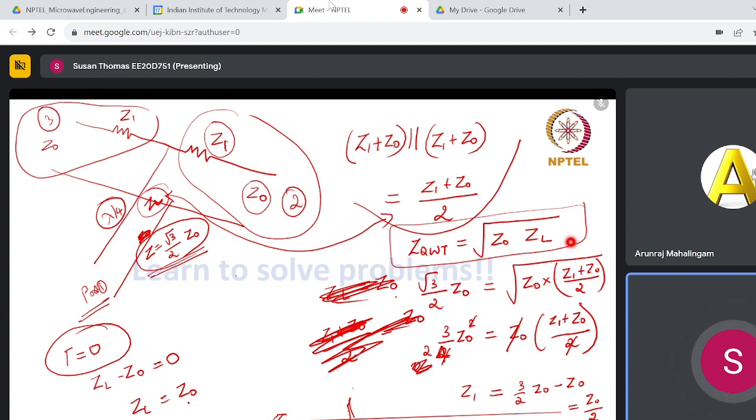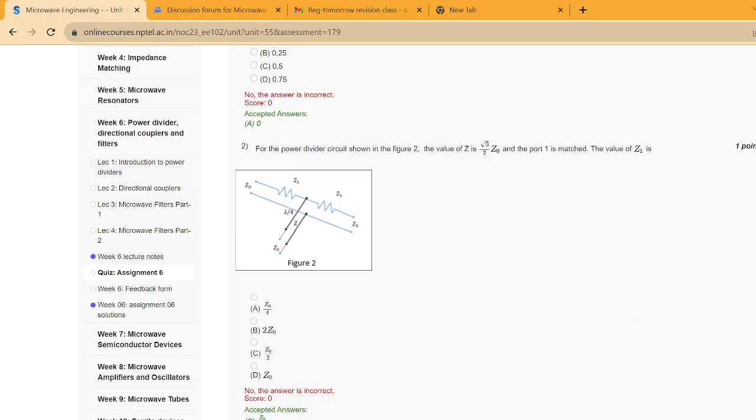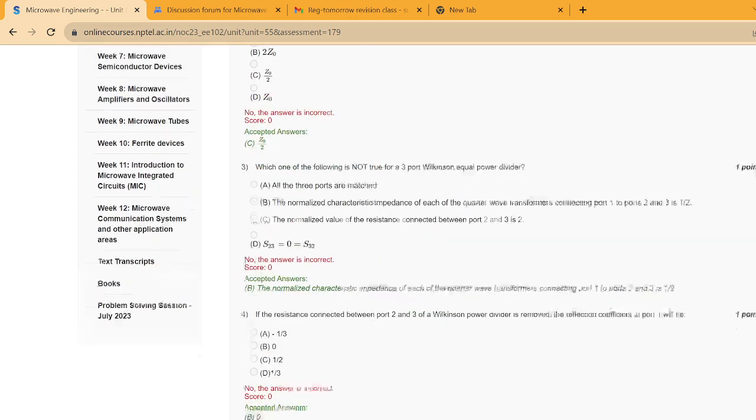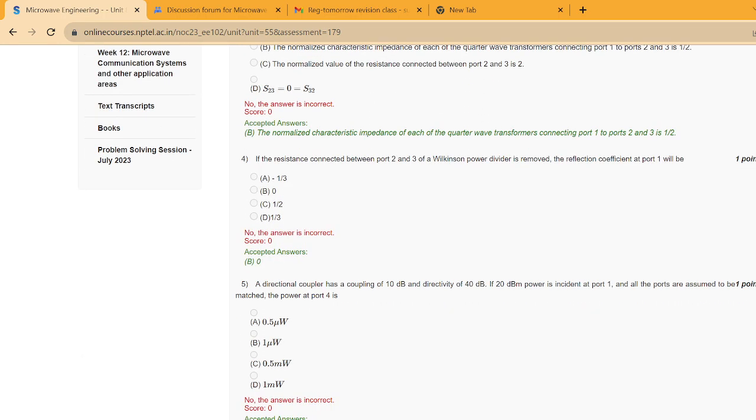So next I will move on to your doubt in the fourth question, in the same assignment 6. The question is about a Wilkinson power divider.